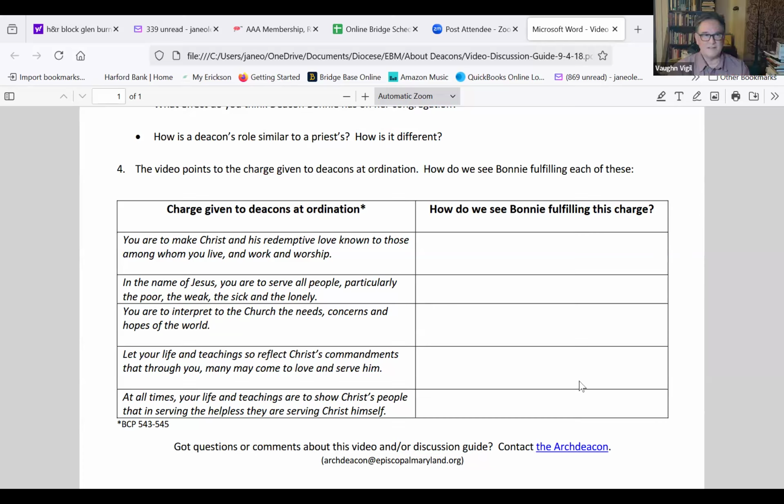Yes, occasionally. And part of the confusion is that, because of tradition, everybody who is on the priestly route is first ordained as a deacon.